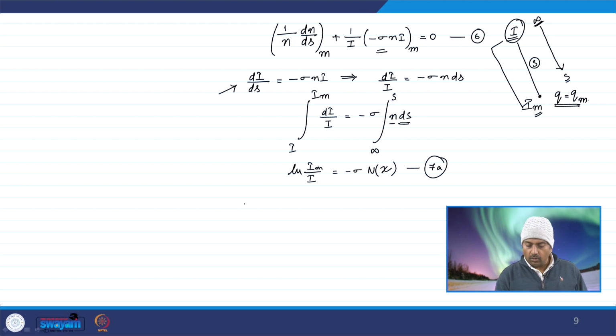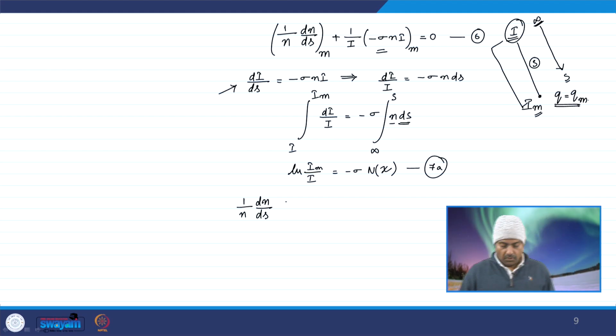Fine. Then let us look at the other term in the expression, 1 by n dn by ds. Now, see, this is where it gets interesting. This expression tells the change in the number density with respect to the oblique distance, right.